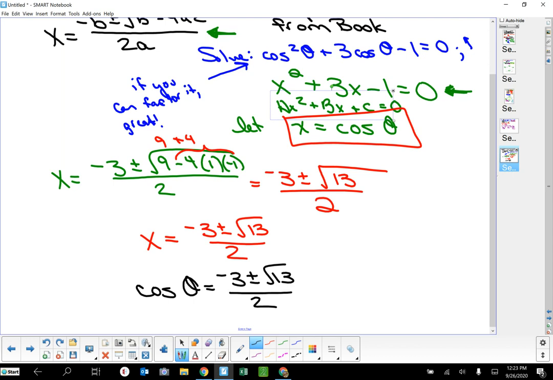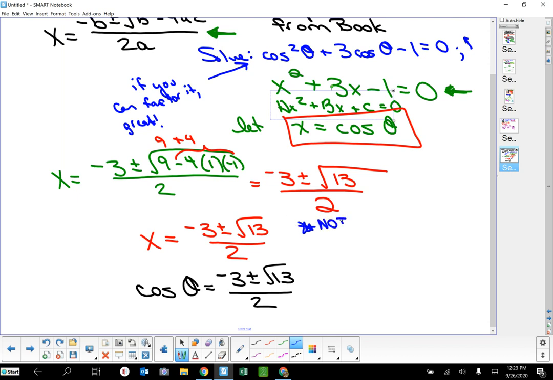And then in a calculator, if you don't know the value of the angle, and that's what we're trying to do here, and this is kind of a wacky problem. It's a little bit outside the box. But there is a note in your textbook, and I will put it here.